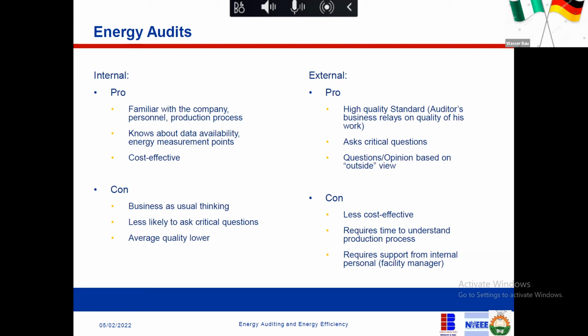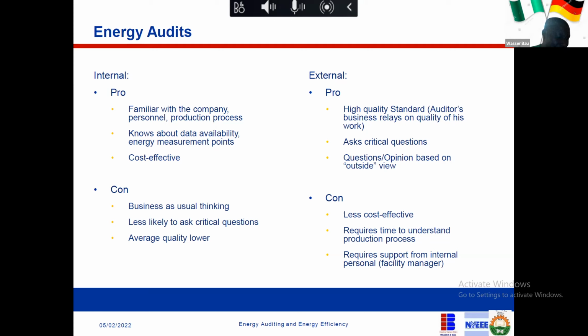Because you don't want to step on somebody's toes, you will not ask the facility manager why the bills are on the high side. So these are some of the few disadvantages when you come as an internal person.